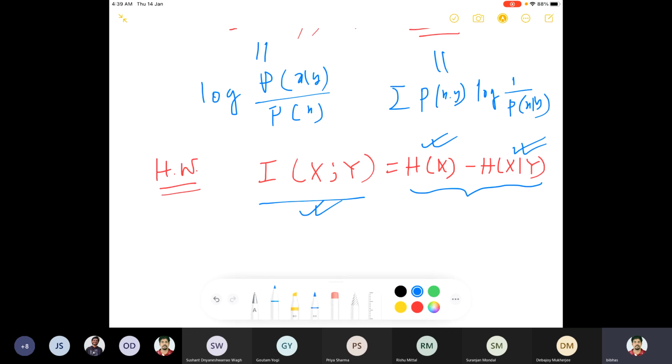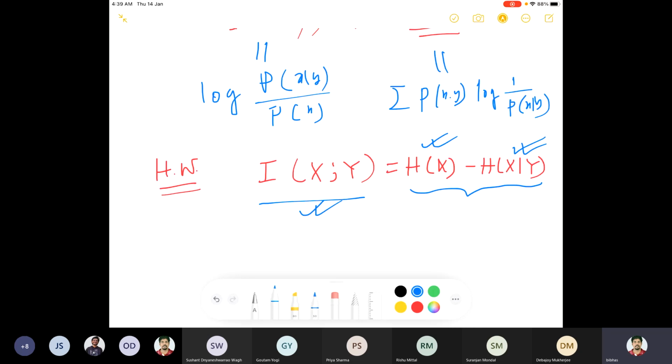This is the left hand side quantity, and the right hand side quantity is H(X|Y). This is the average conditional self information.